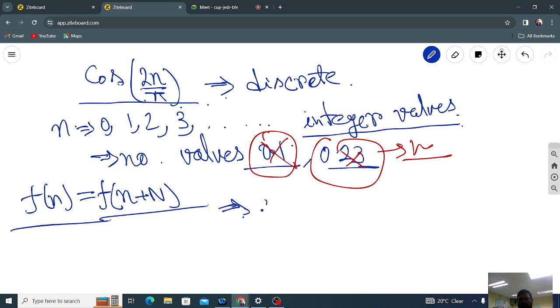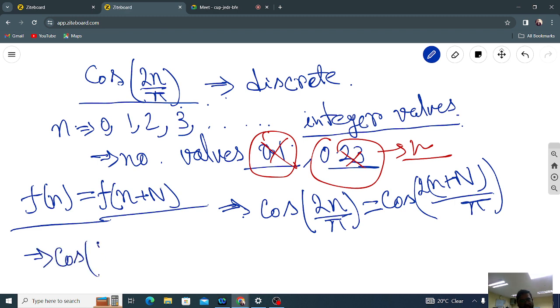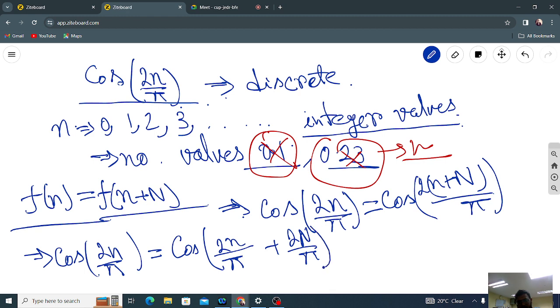It will be cos(2n by pi) equal to cos of 2 times (n plus N) by pi, just replacing n by n plus N. So cos(2n by pi) should be equal to cos(2n by pi plus 2N by pi).